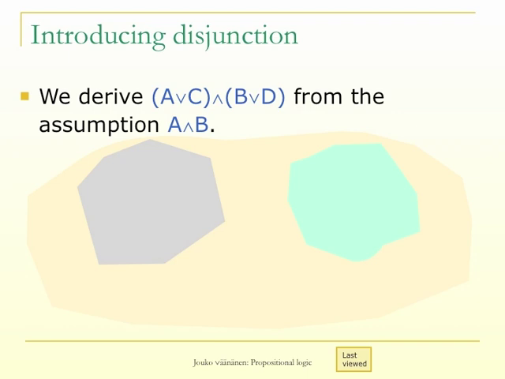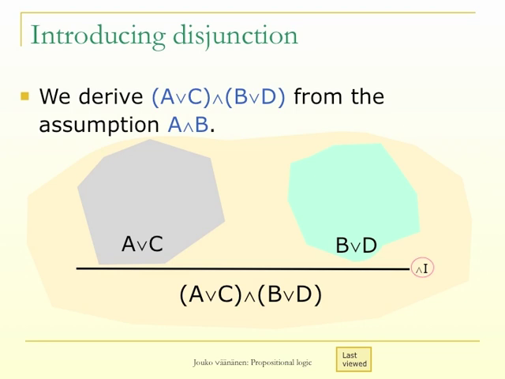Now we build the required natural deduction for deriving (A or C) and (B or D) from the assumption A and B. We attempt to use the conjunction introduction rule.